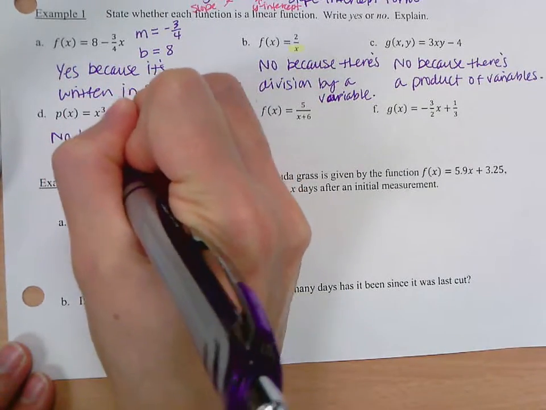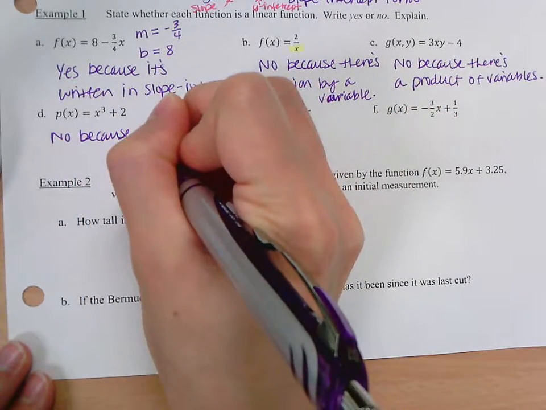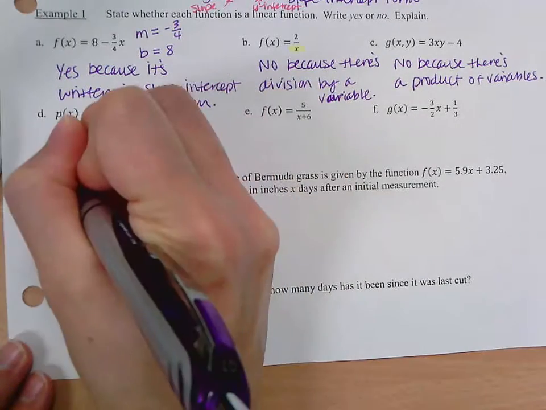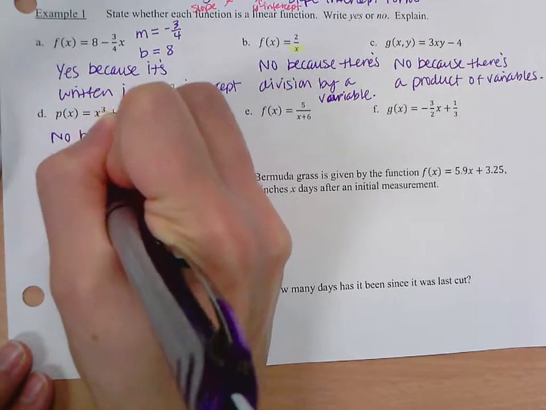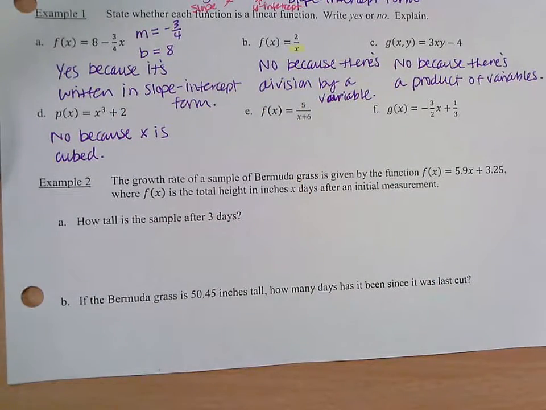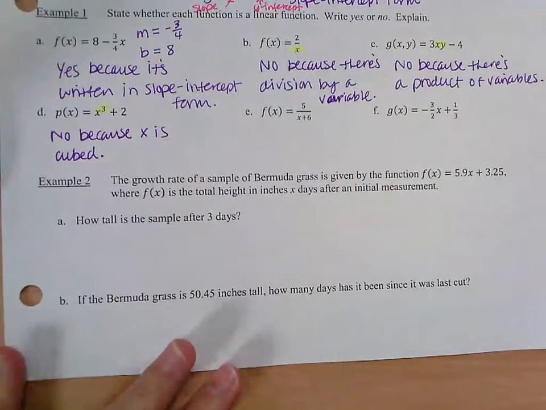So no, because I'll just say x is cubed, but Sadie, you gave a good explanation. With x being cubed, you have 3 x's multiplied together. You can only have one variable, not multiple variables multiplied together. Should be highlighting here too. Here's our product of variables, x cubed.